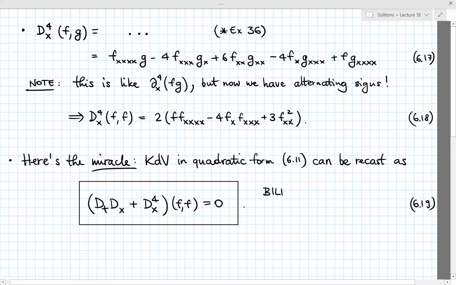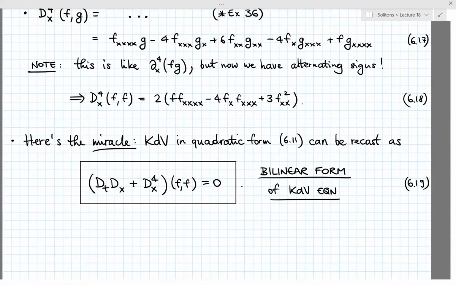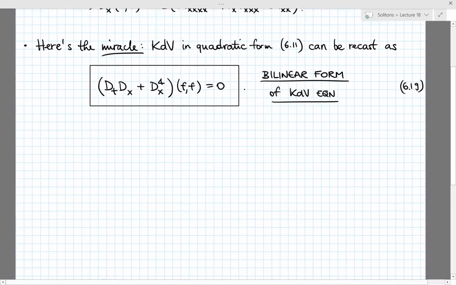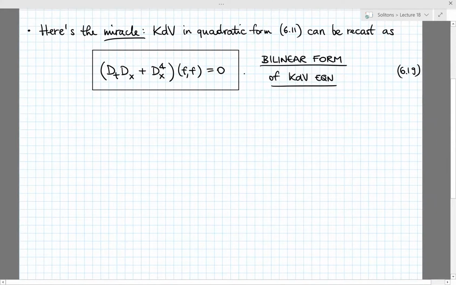This is the so-called bilinear form of the KdV equation. This is the final result for today, but let me make one last comment.